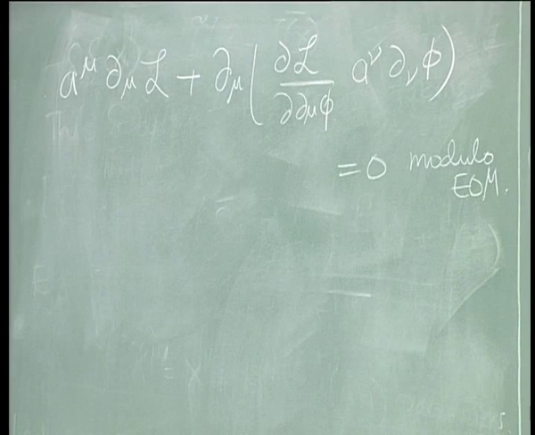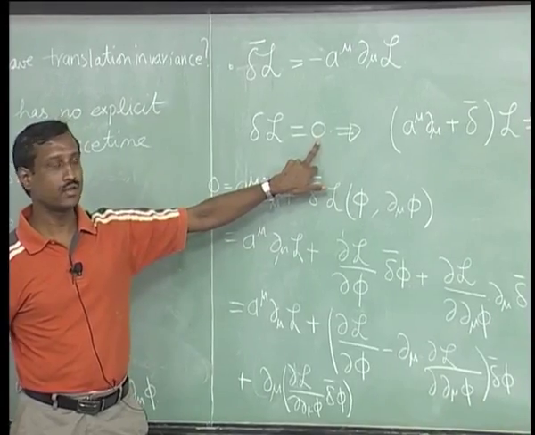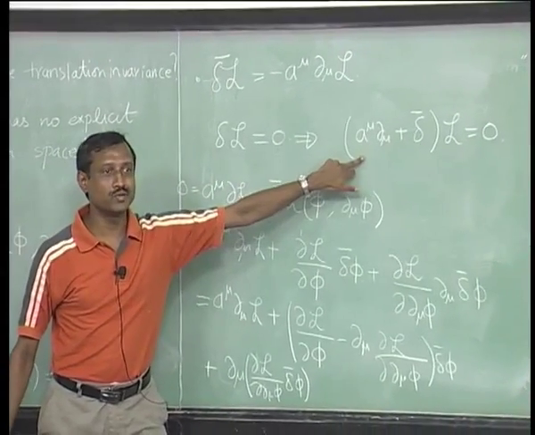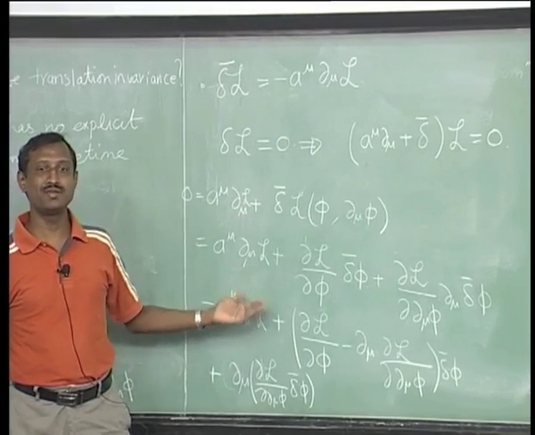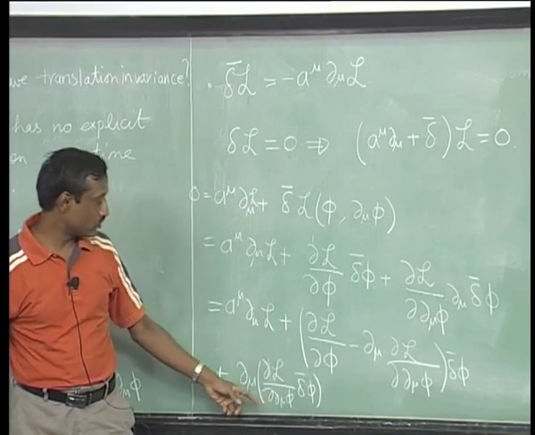Okay, so we started here, this is just a statement of it being a symmetry, and then I convert it to this statement, and I am always working to order a square, I do not need the a to be very large. Okay, so this is what I get.